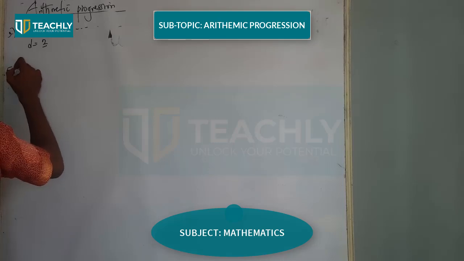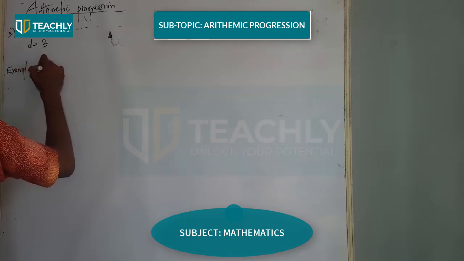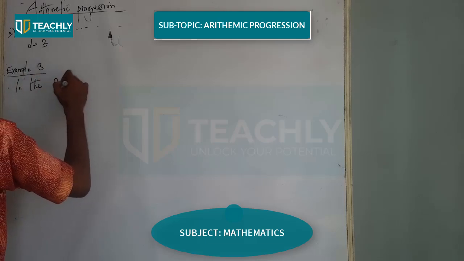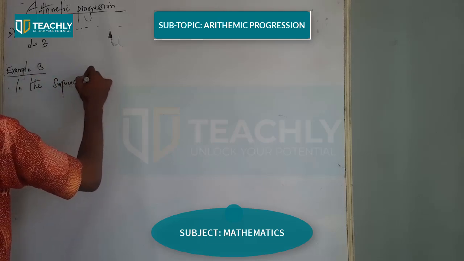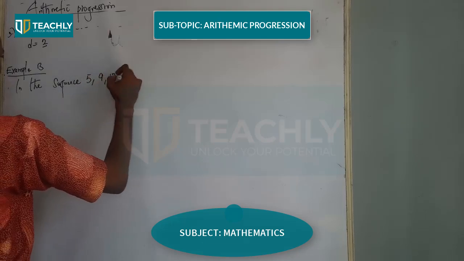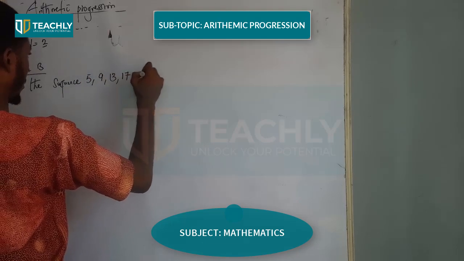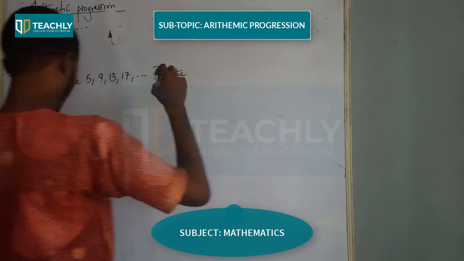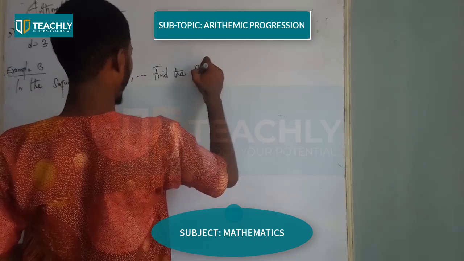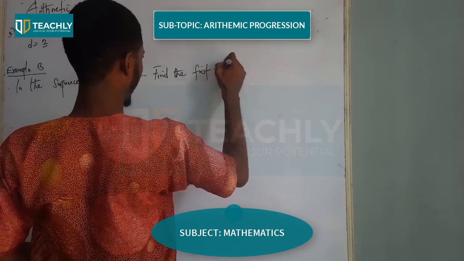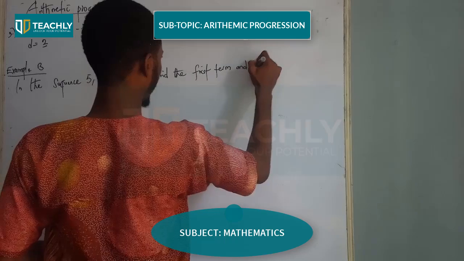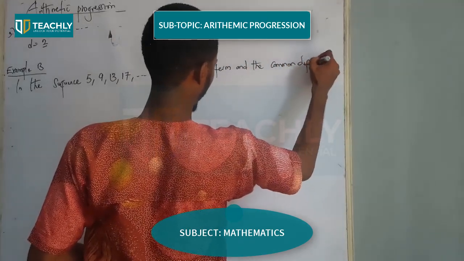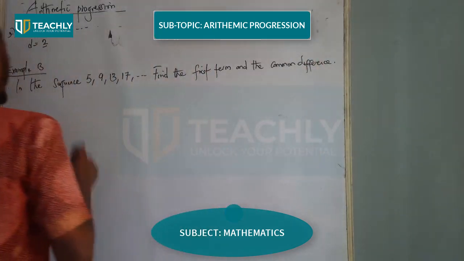Example B. The question says, in the sequence 5, 9, 13, 17, find the first term and the common difference.